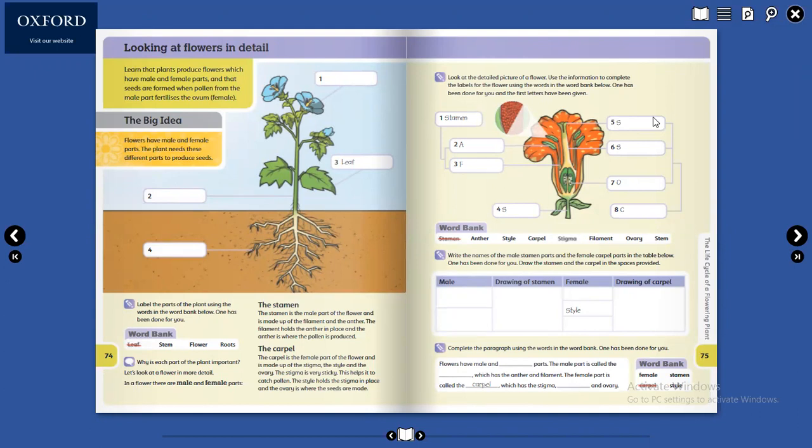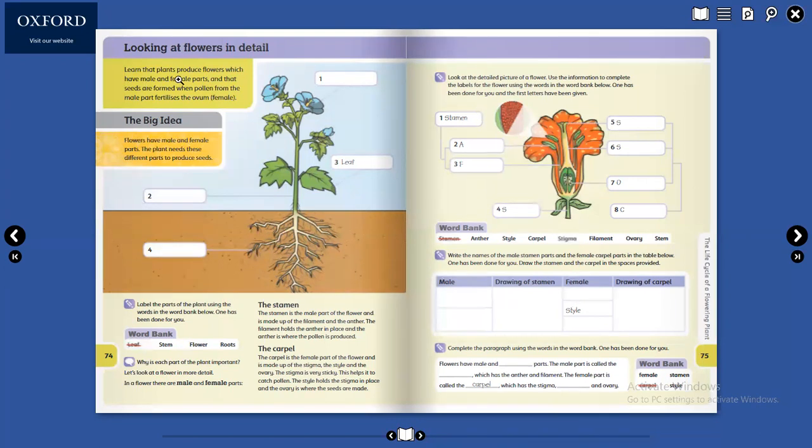Okay, open your books, page number 74. Looking at flowers in detail. So detail means comprehensively.